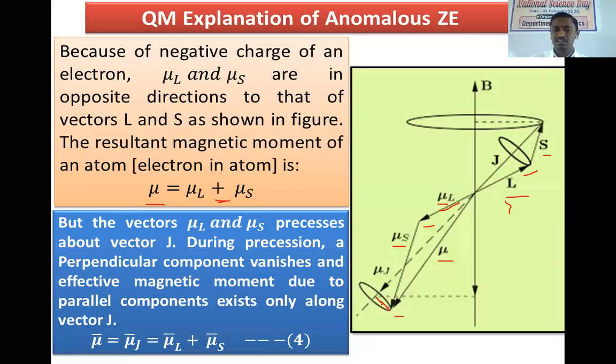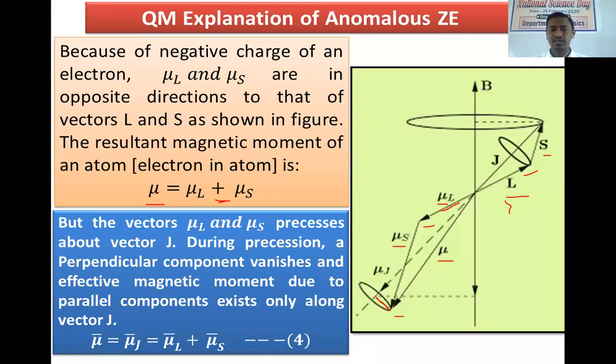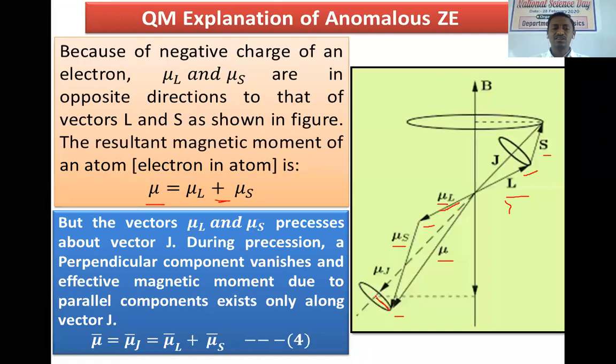During its precessional motion, the perpendicular component in one direction cancels the perpendicular component in the other direction, because the vector rotates about its axis. Hence the resultant magnetic moment will be only due to the parallel components. Therefore the effective value of resultant magnetic moment will be mu J in place of mu.